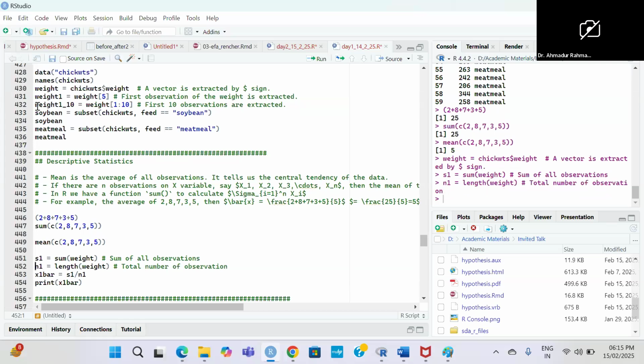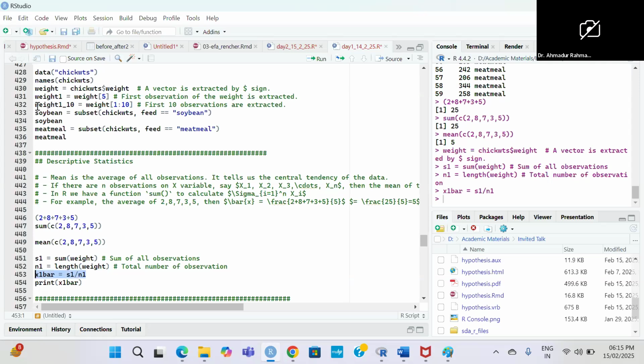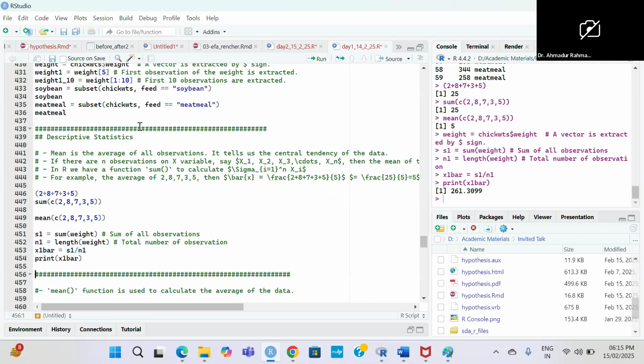The function for that is length. Length of weight means the total number of observations in weight. Then we calculate x bar. X bar is equal to, this is the traditional mathematical formula, sum over total number of observations, and we run this and then print x bar. This x bar says that the average weight of the chickens is 261.3099.